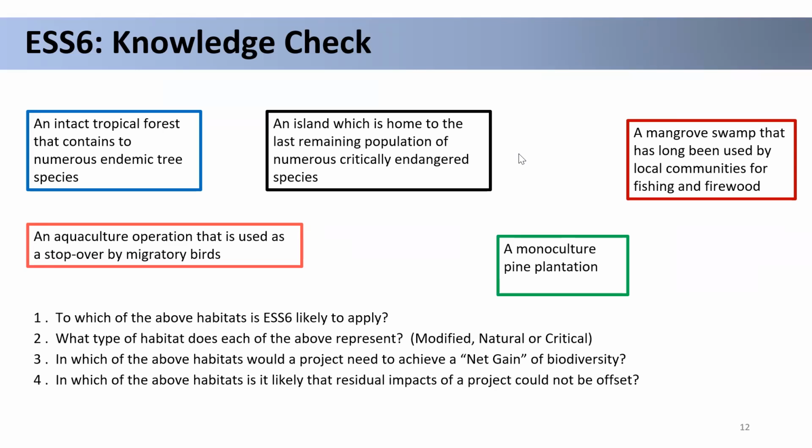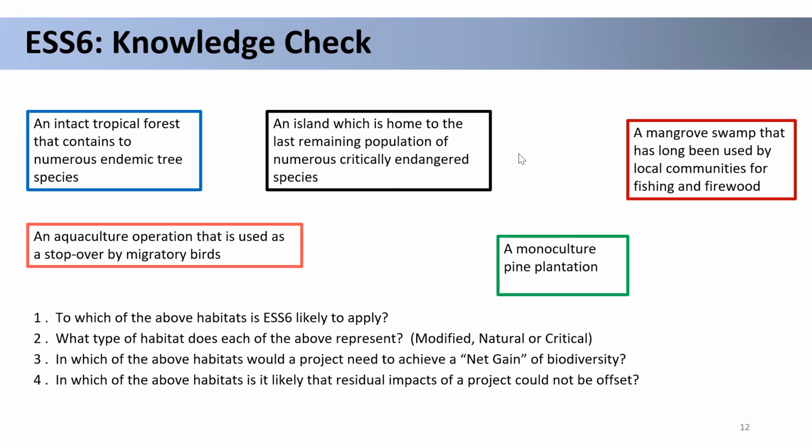But also the mangrove swamp could be critical, although people are present there. They might contain a critical species, but the very clear answer is the island that is home to the endangered species. That is quite critical. But you might also consider the intact tropical forest and also the mangrove swamp in some instances.